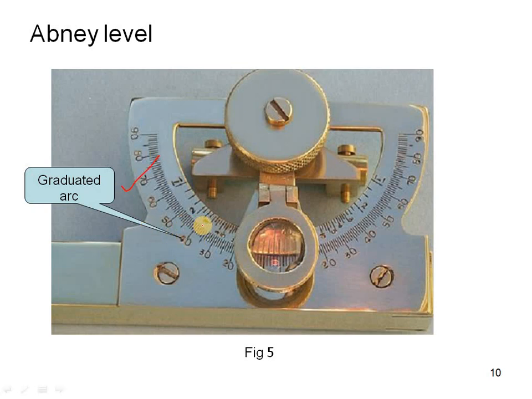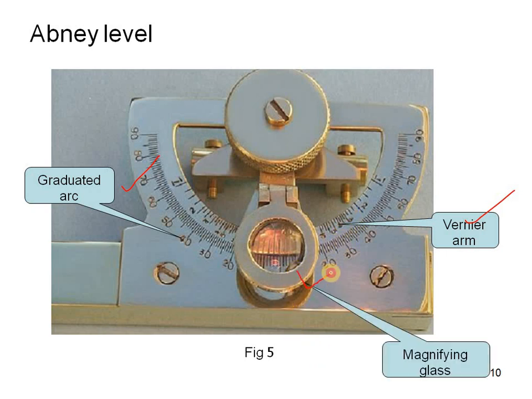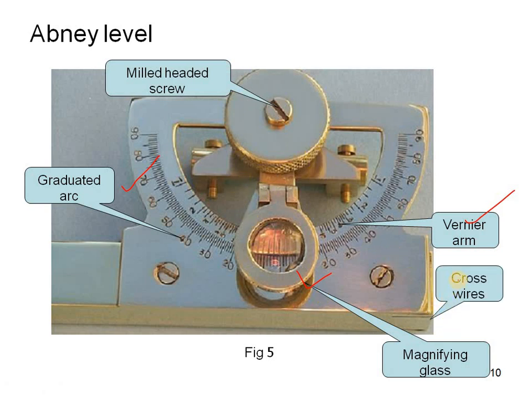You can see the readings. The vernier arm reading which coincides with the arc reading, we have to take as the measurement. So this is the magnifying glass, the milled headed screw, and this is the crossways. You can observe here, at the bottom of the box of the Abney level we have the crossways.